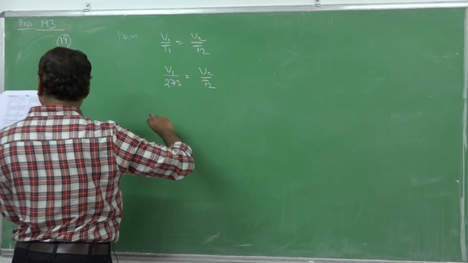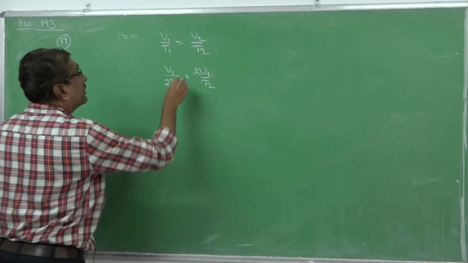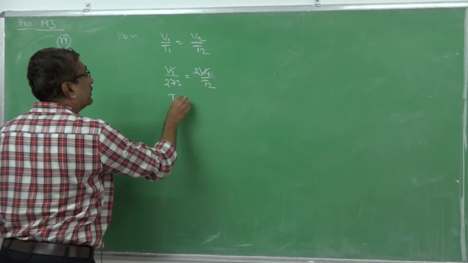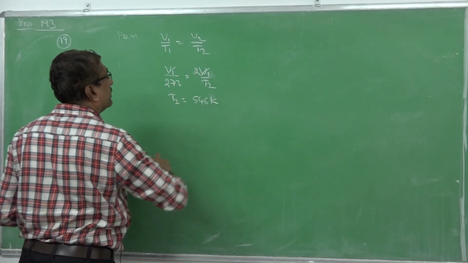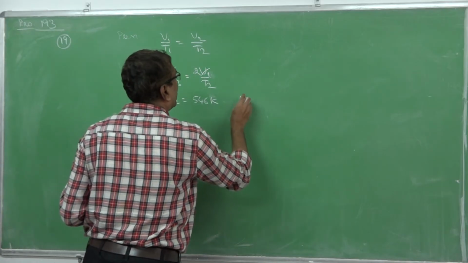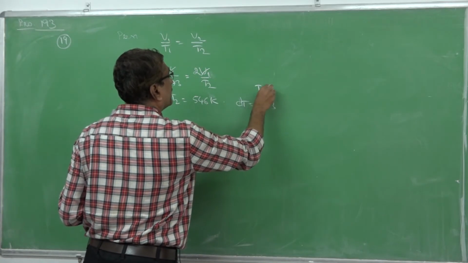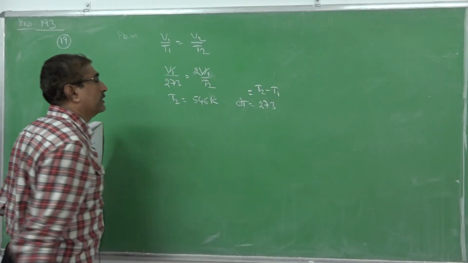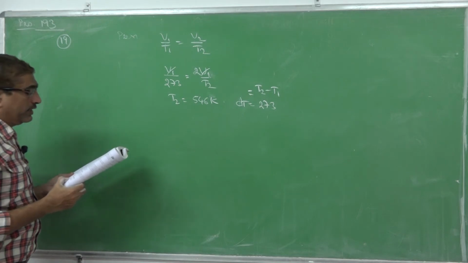Double the volume, V2 is 2V1, so V1 gets cancelled. So T2 is equal to 546 K. Also, the change in temperature dT is T2 minus T1, that is 273. Now the amount of heat that is required to double its volume.